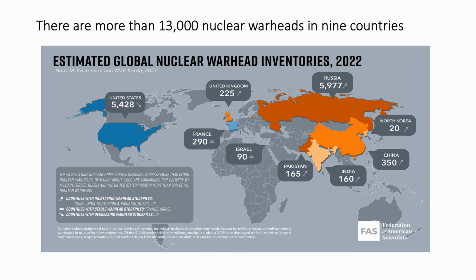That is an indication as to whether they are reducing their number of warheads, increasing or building them, or keeping them the same. So you can see Russia increasing its number of warheads, the US reducing it, the UK increasing it, France and Israel staying the same, Pakistan and India both still engaged in a nuclear arms race, China and North Korea building more weapons.